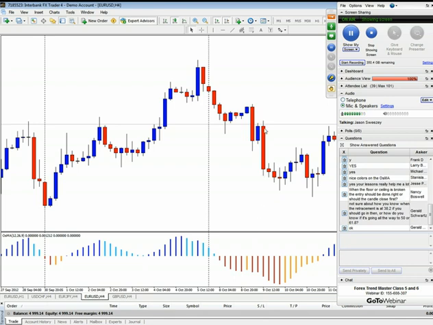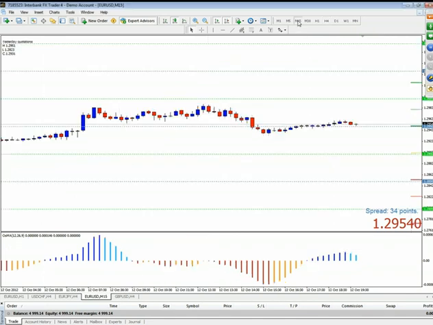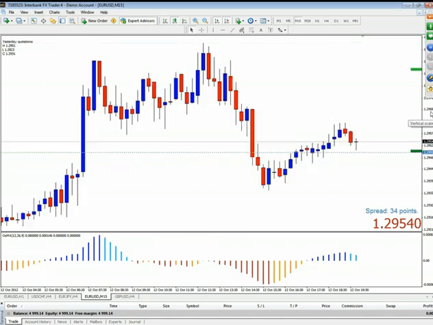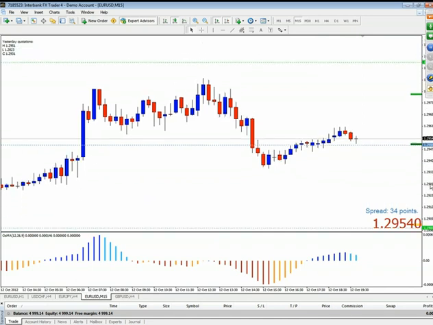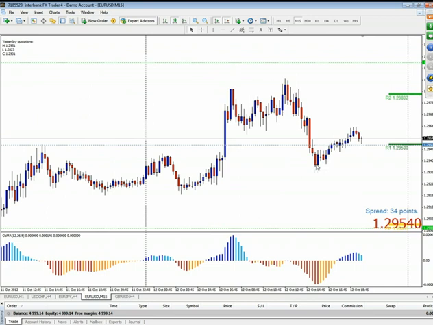There's just a few different indicators here. I'll show you. Let me put the chart back down. You're going to have the OSMA. You're going to have the pivot points, which you basically already have.